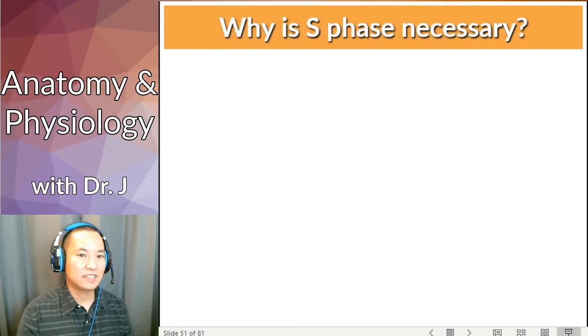Now, why is S phase necessary? Well, what happens at the very end? You divide your cell into two. If you didn't synthesize double the copies of DNA in a cell, and you just took your existing DNA without making a new copy and divided it, you would halve the amount of DNA every time your cell divides.